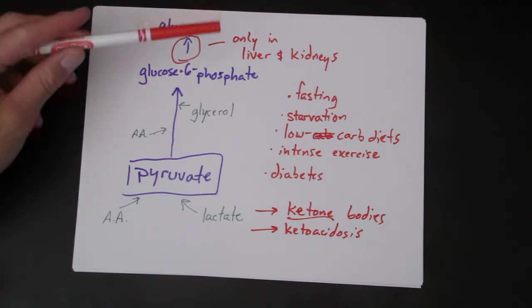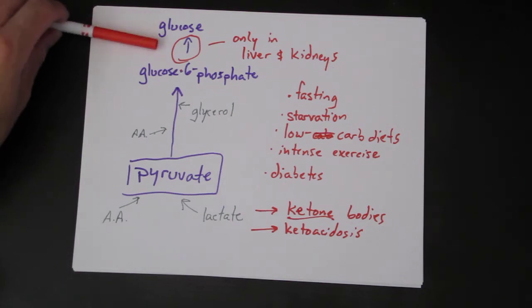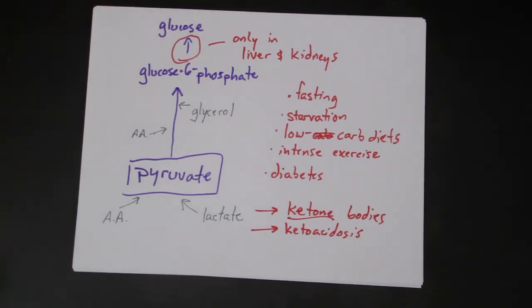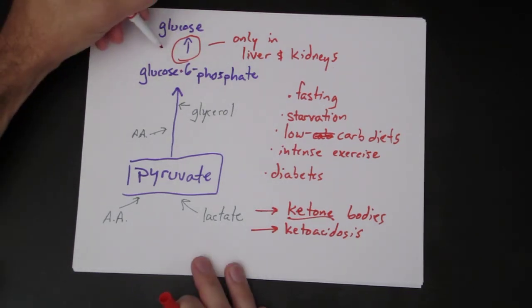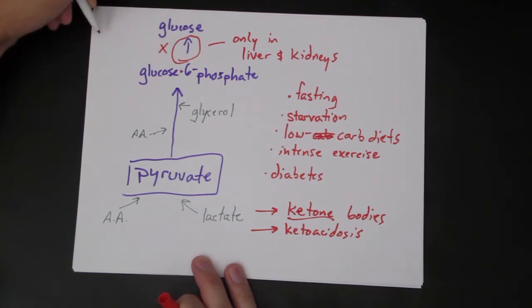If you were trying to control blood glucose levels in, say, a diabetic patient, one of the things that you might want to do is prevent the diffusion of this glucose out into the bloodstream to help keep blood glucose levels in check. So in other words, what you might want to do is block this step. There's a drug that a lot of diabetics are given to do just that called metformin.